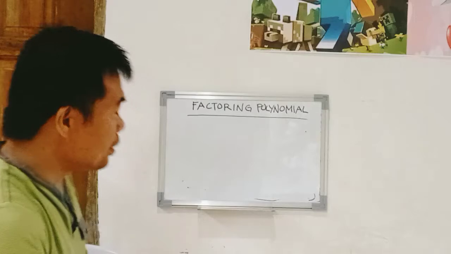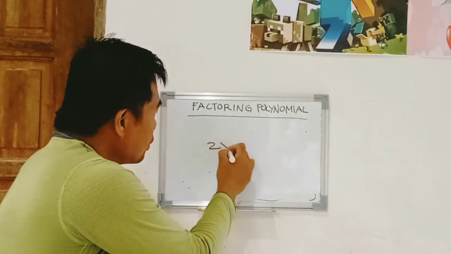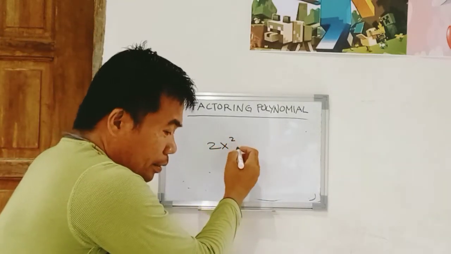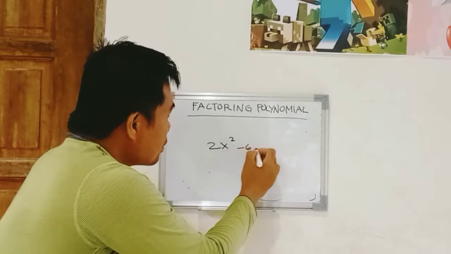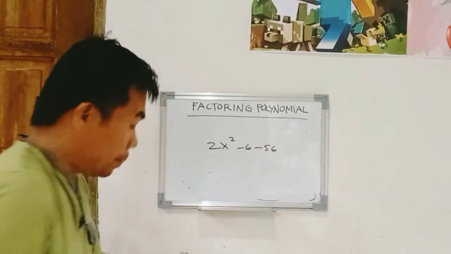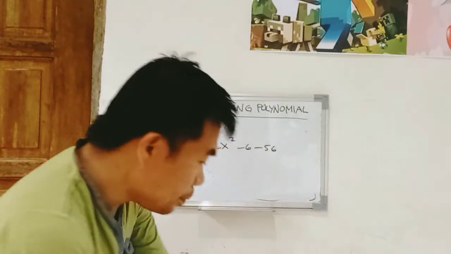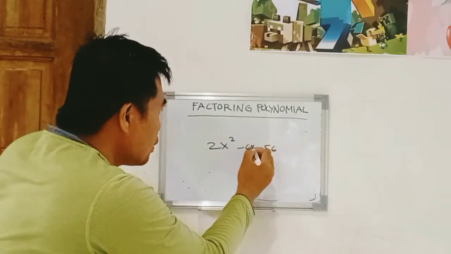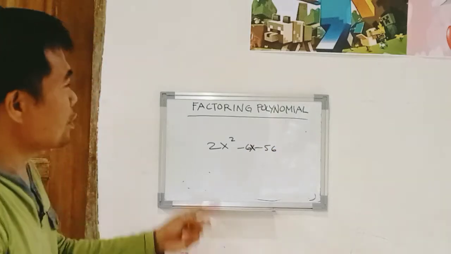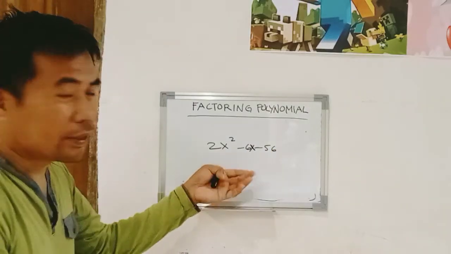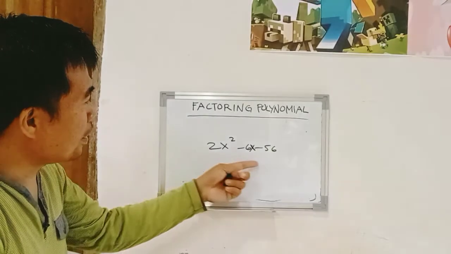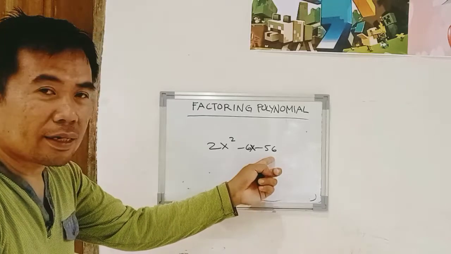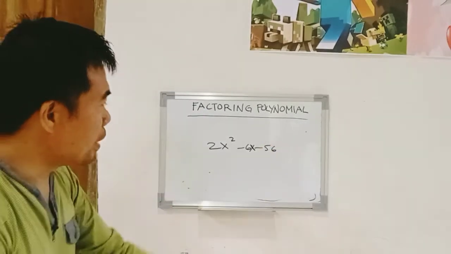Another example is 2x squared minus 6x minus 56. So there are three terms for this example: the first, second, and third. Notice that the third term has no variable.